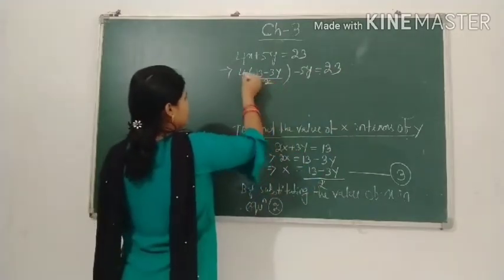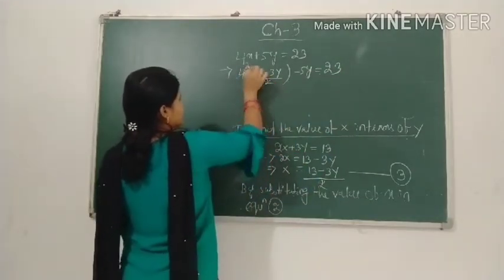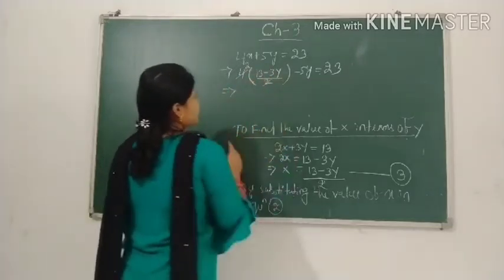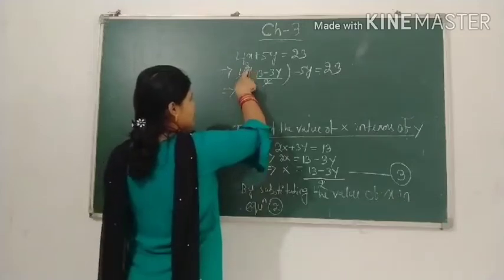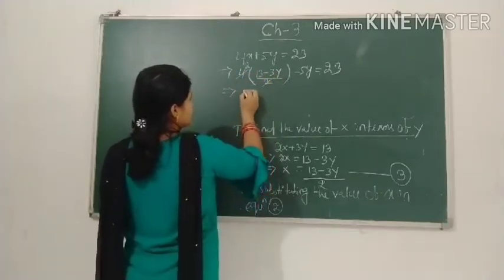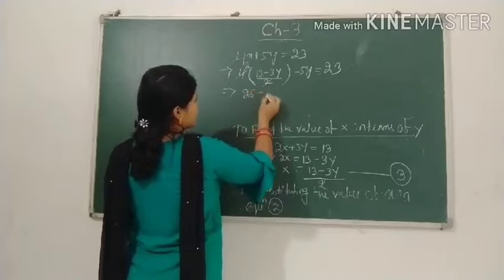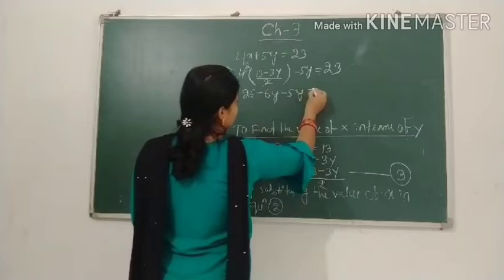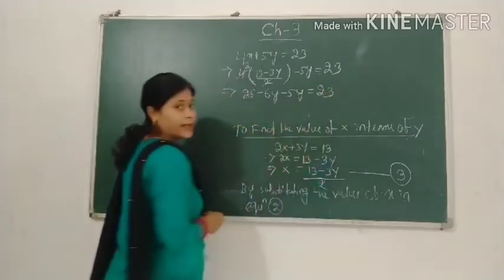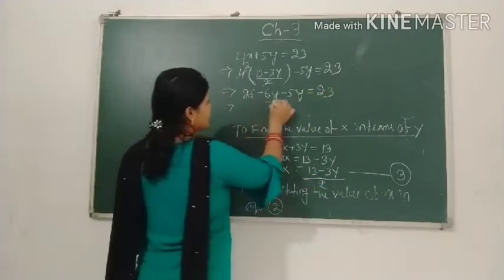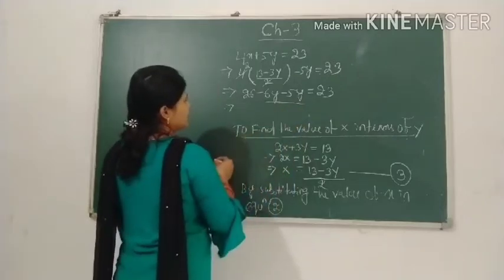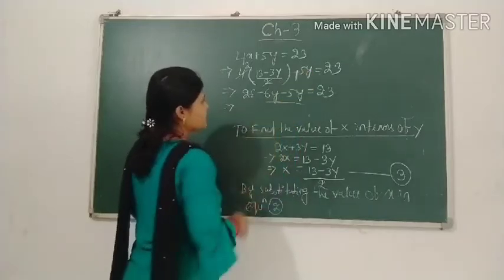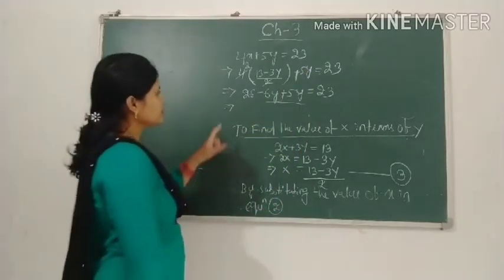Then 2 and 4 cancel, leaving 2, and since there is a bracket, you have to multiply 2 in both the terms. So 26 minus 6y plus 5y is equal to 23. Sorry, this one is plus.